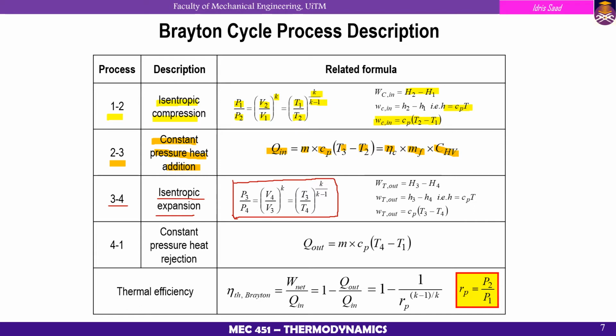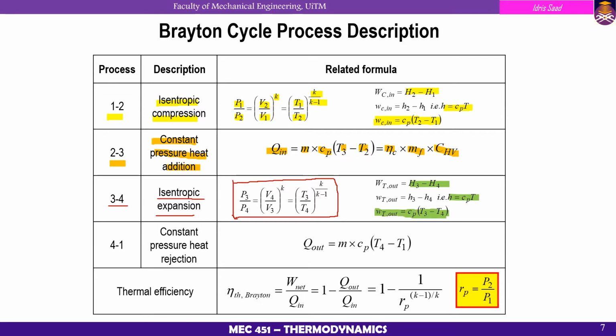For the isentropic expansion, we also can calculate the work output at the turbine. Isentropic expansion occurs at the turbine, which is h3 minus h4. Similarly, we know h is equal to Cp T. Then the turbine work we can calculate as Cp (T3 minus T4). So this is the work output from the turbine.